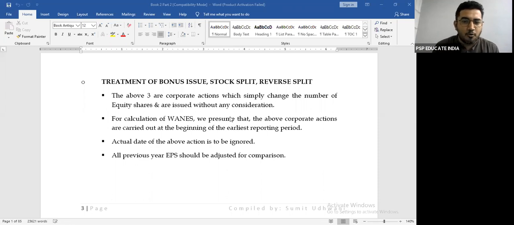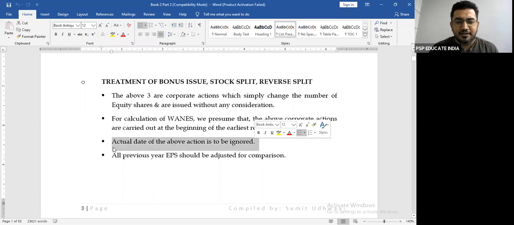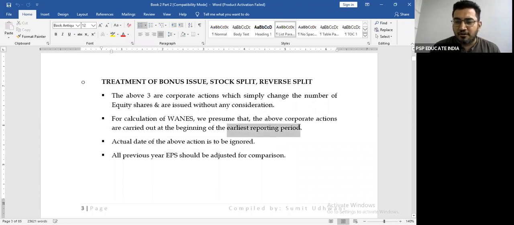But please understand, bonus does not involve any payment of consideration, which means bonus issue is always free of cost. Because the bonus issue is free of cost, no consideration is involved, no question of who is getting higher, who is getting lower because of the time of investment. That is why for weighted averages, the actual date is to be ignored, and you will always take the earliest reporting period.